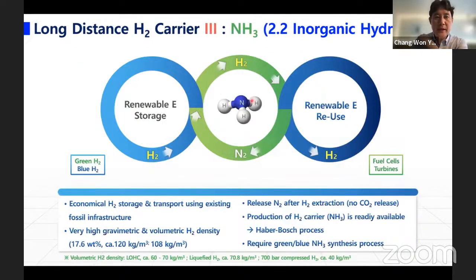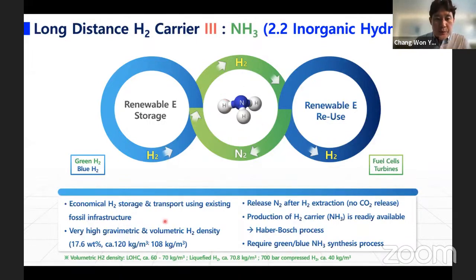The third candidate for long distance hydrogen carrier is ammonia, which is an inorganic hydrogen carrier. So you can use nitrogen as a hydrogen storage medium, and a chemical reaction goes on to produce ammonia, NH3. And ammonia is transported to the site, and we can release hydrogen from ammonia for the renewable energy we use.